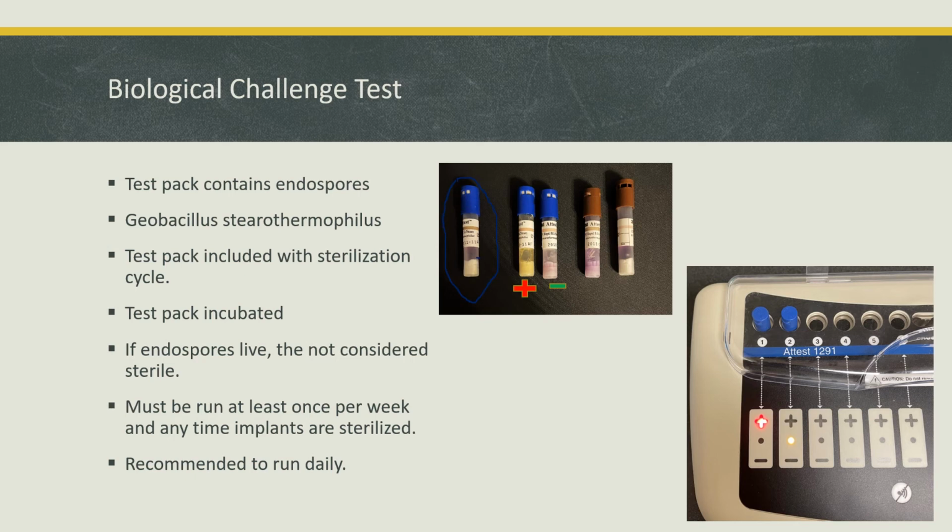These endospores are Geobacillus thermophilus endospores, which are ideal for checking steam sterilization. And so this pack is placed in the autoclave. We run this at least once a day.